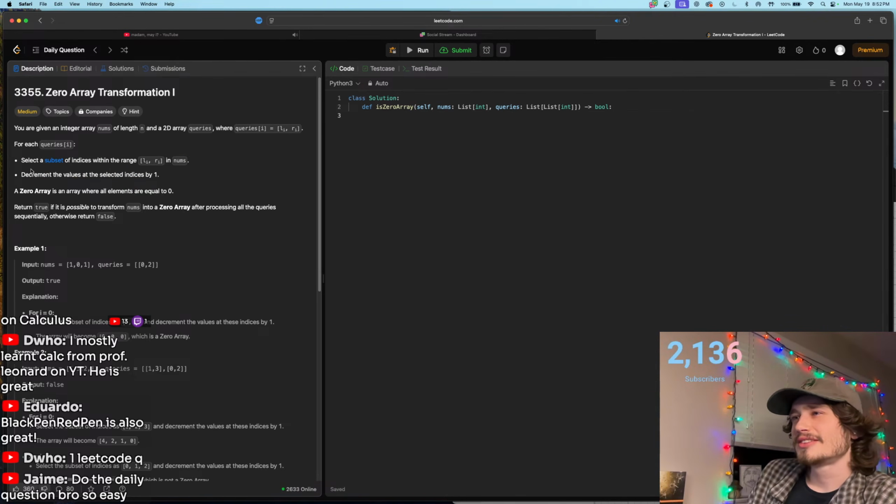Okay. For each query, select a subset of indices. A zero array is an array where all elements are equal to 0. So you have a bunch of queries, which are Li and Ri, which are what? Left index, right index in nums. Select a subset of indices.